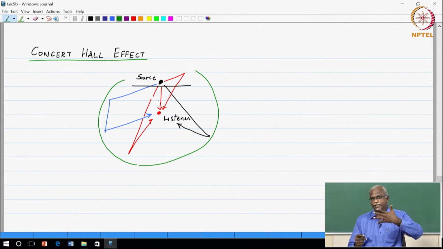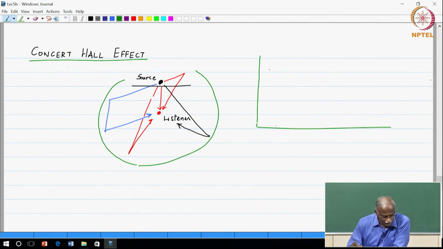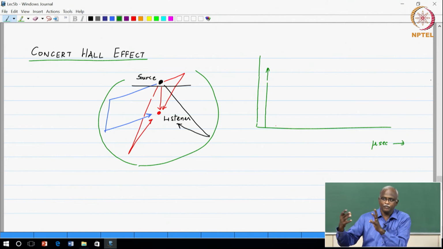You get a signal that is coming directly from the source of the music, but there are also multiple copies. If you were to characterize the received signal, there is a direct path which arrives, and this is in microseconds. There are several other copies of the signal.